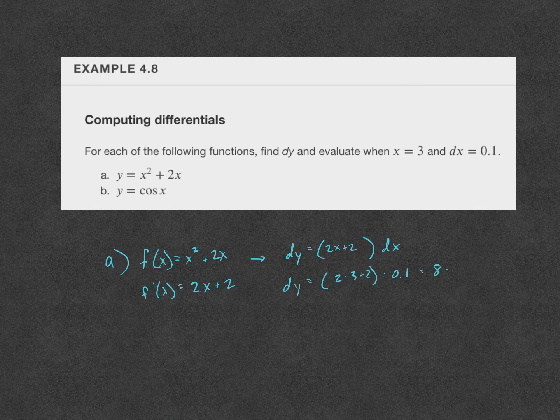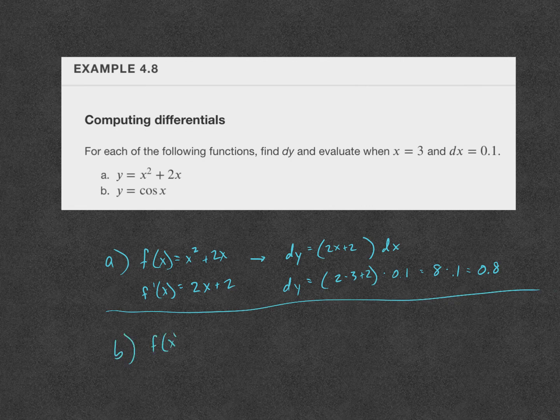So this is 8 times 0.1, or 0.8. Okay, so again, what that means is that if I change the x by 1/10, I'm changing the y coordinate by about 0.8.